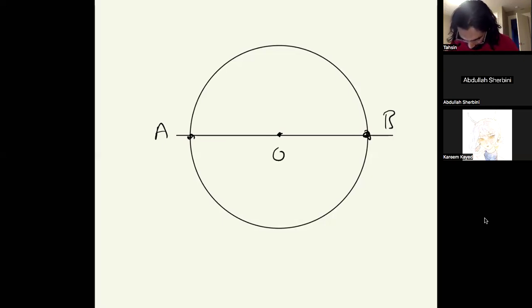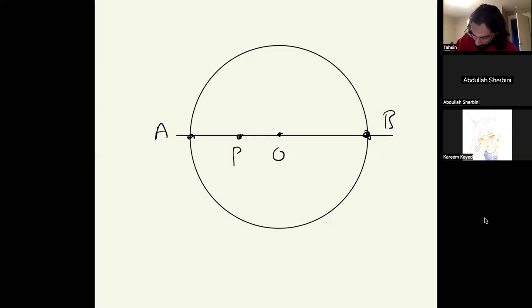So there's semicircle AB and center O. And then there's a point P that's on the diameter. You should draw this carefully. So there's P on the diameter, and then there's D and E.